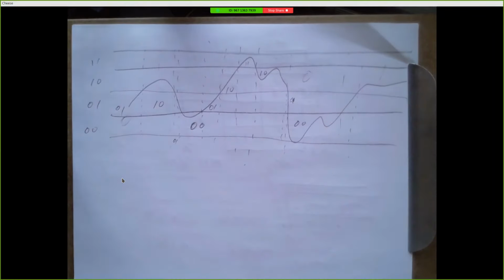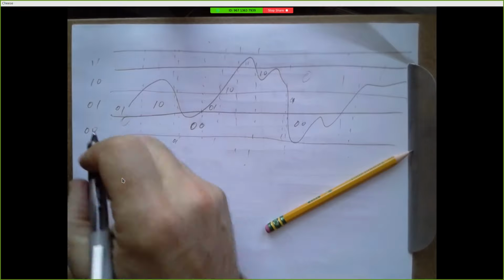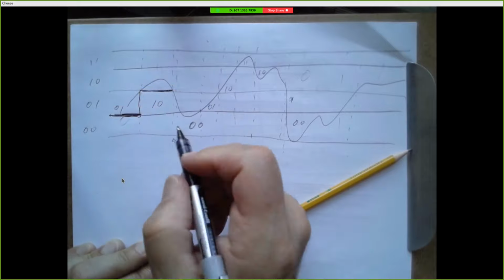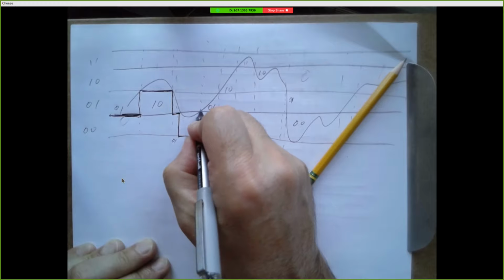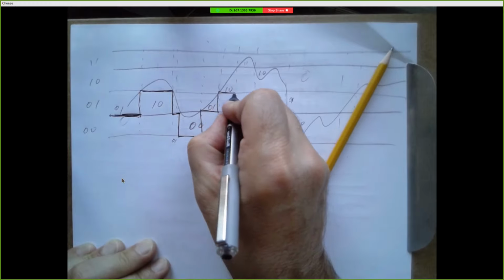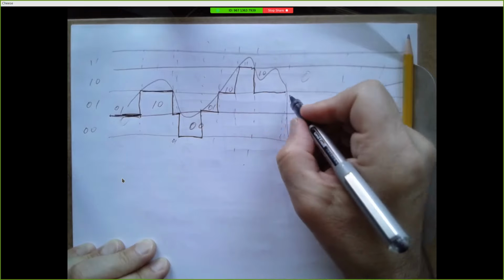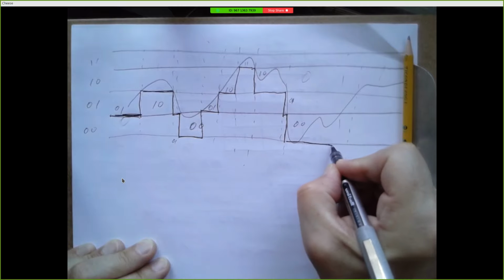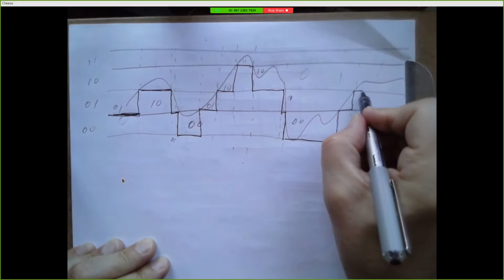So we get a closer representation of what this waveform looks like. And if we actually plot the waveform corresponding to this, well, 0, 1 sits right here, 1, 0 sits here, 0, 1 is here, 0, 0 is here, there's 0, 1, there's 1, 0, there's 1, 1, there's 1, 0, 0, 1, 0, 0, right?